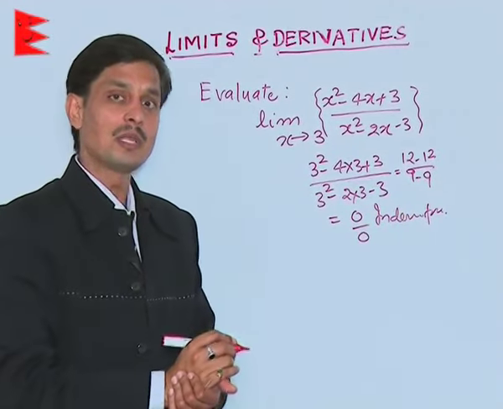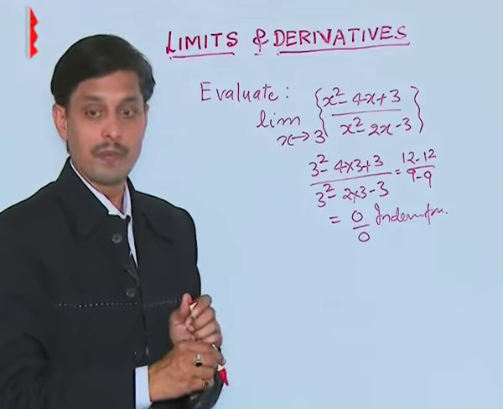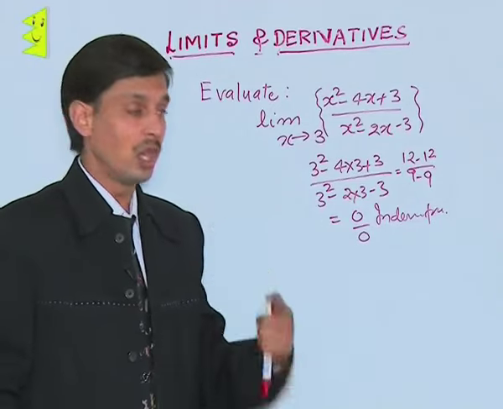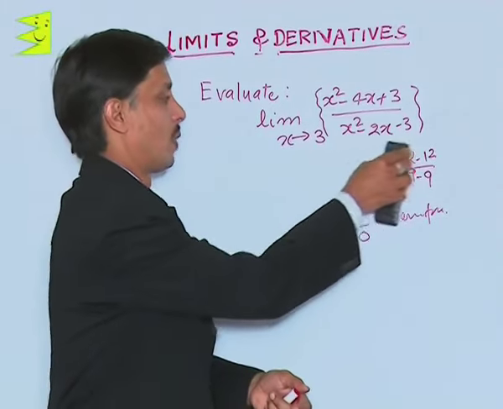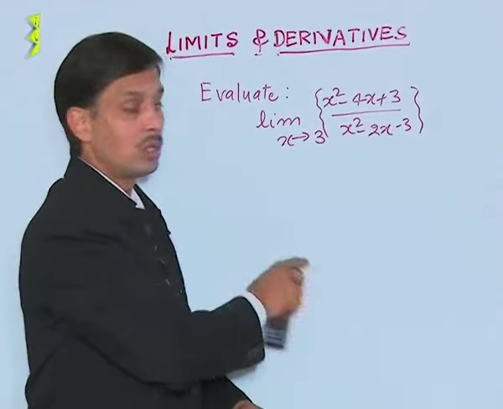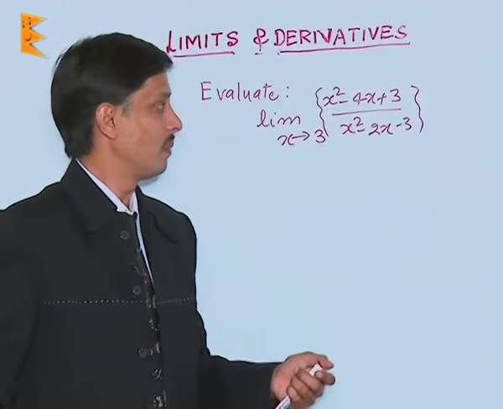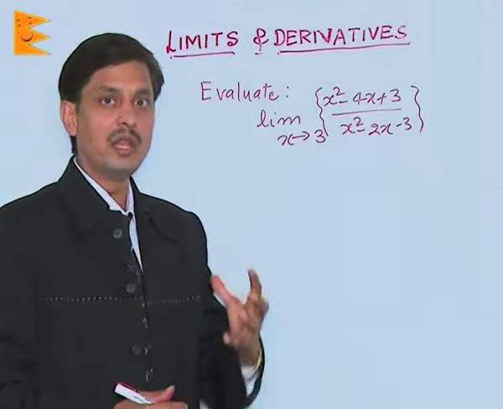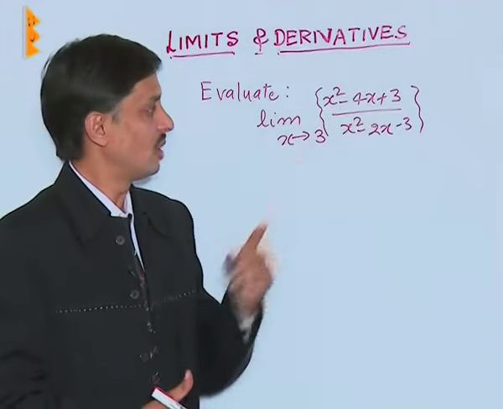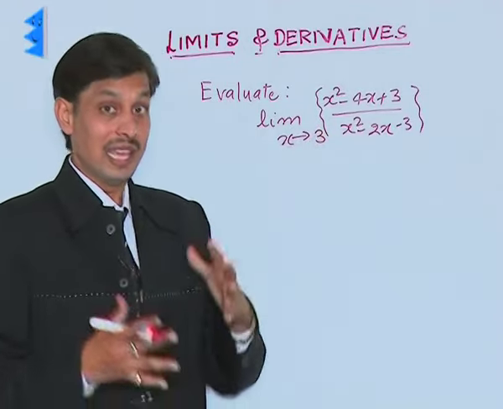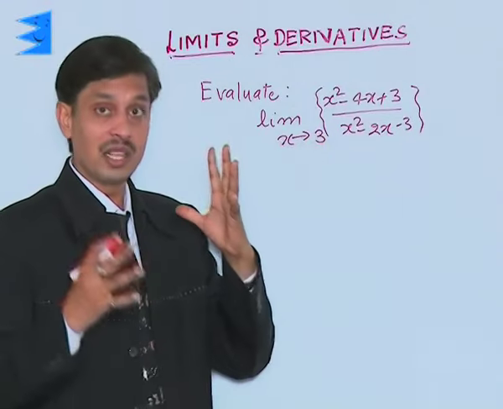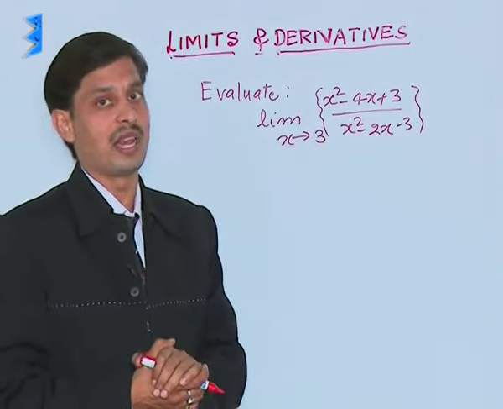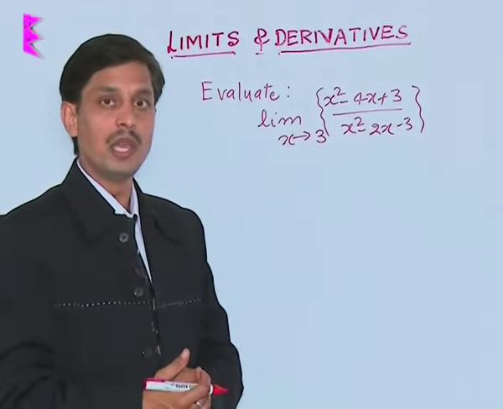If a problem is coming in the indeterminate form, then we have to think how we will crack the problem. First step, does the problem need any rationalization, which is not possible here? Is it possible to bring it into the simplest form by doing factorization? That seems to be so.